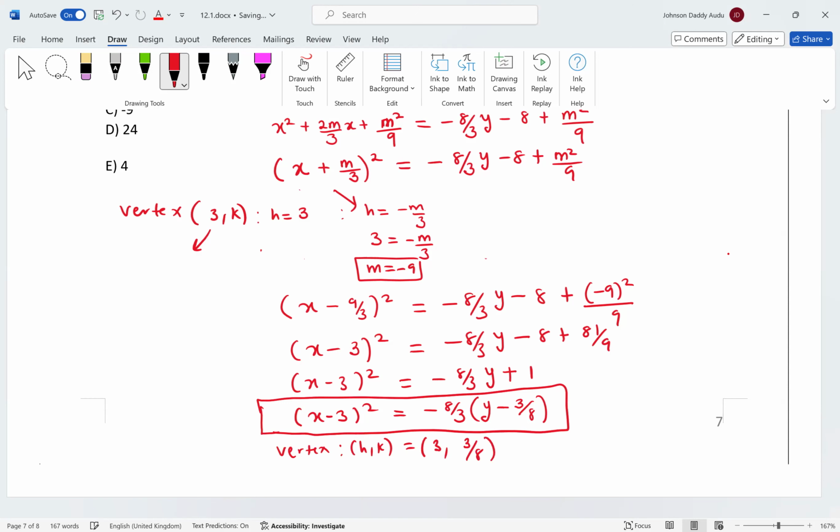Okay. Because we're asked to find the value of k, which is just coming from the second coordinate. So one more question, and that will be it.